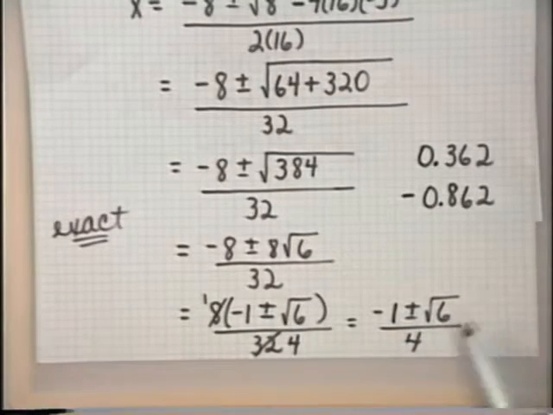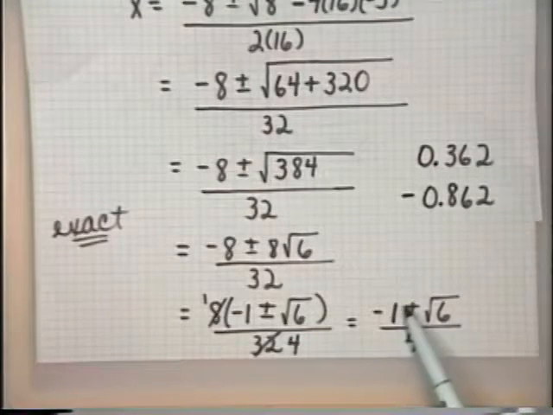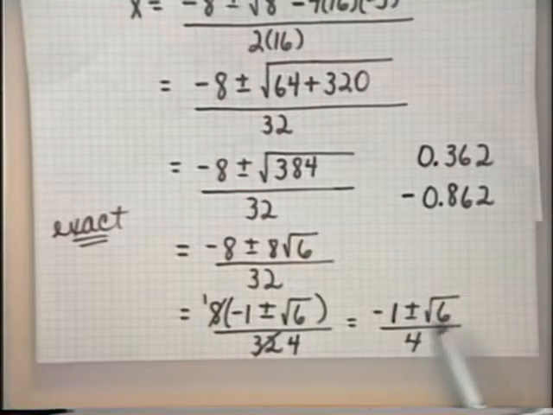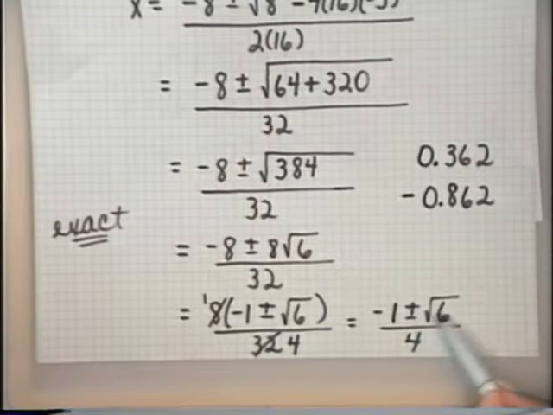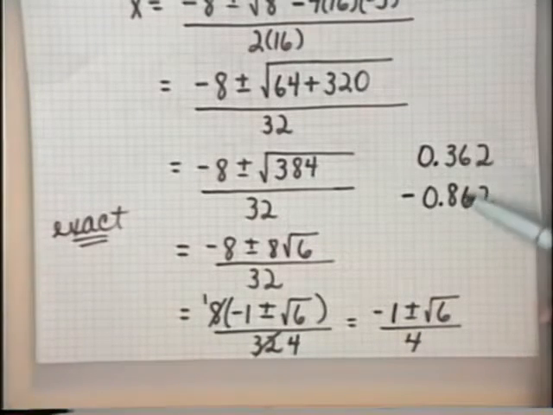And if you calculate this, minus 1 plus the square root of 6 divided by 4, and minus 1 minus the square root of 6 divided by 4, you should get these very same two numbers.